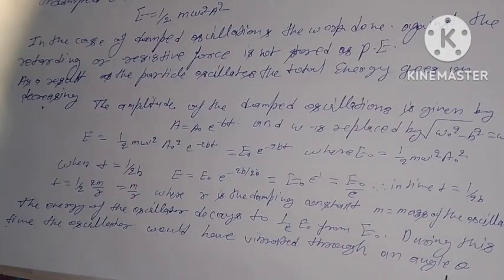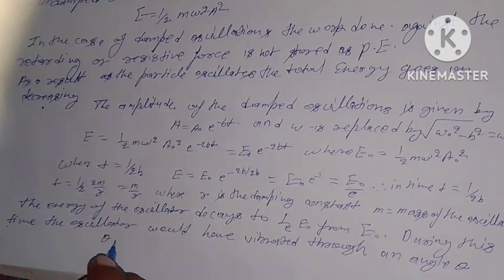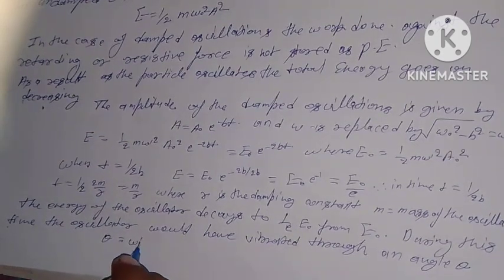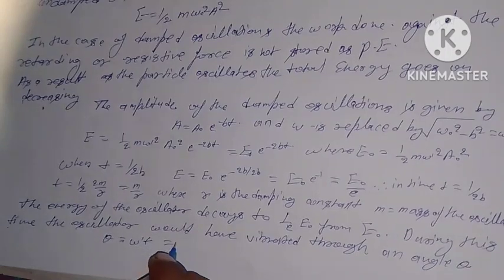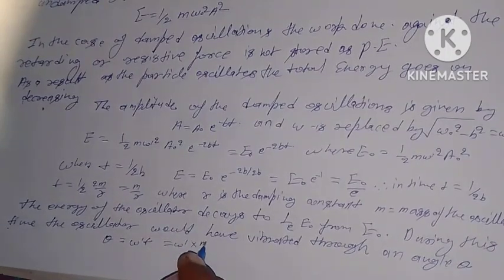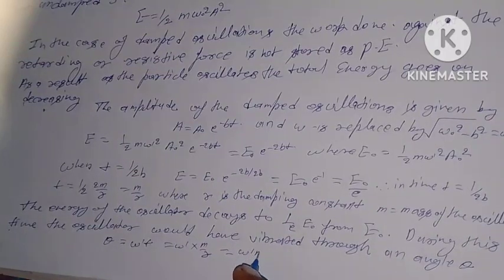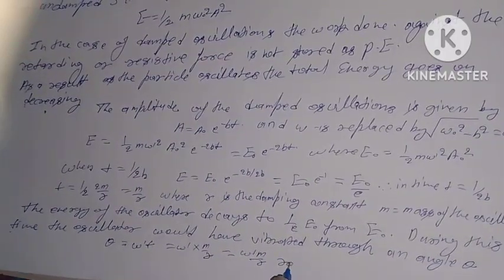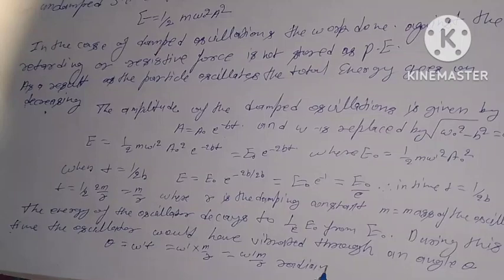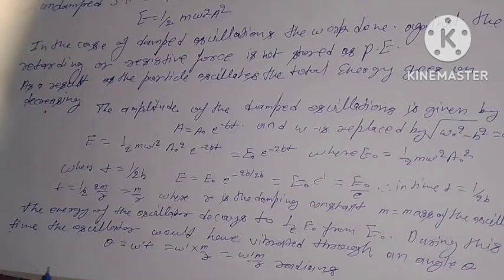The oscillator would have vibrated through an angle theta, which is given by theta equal to omega dash t, that is omega dash multiplied by m by r, that is omega dash m by r radians.